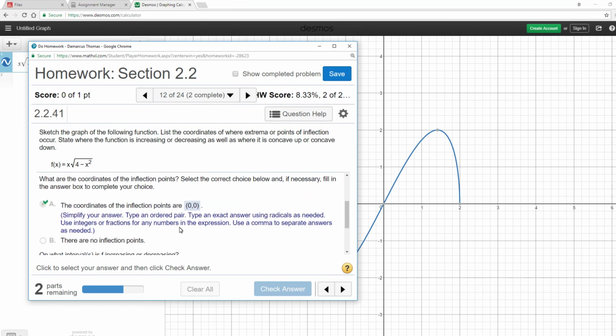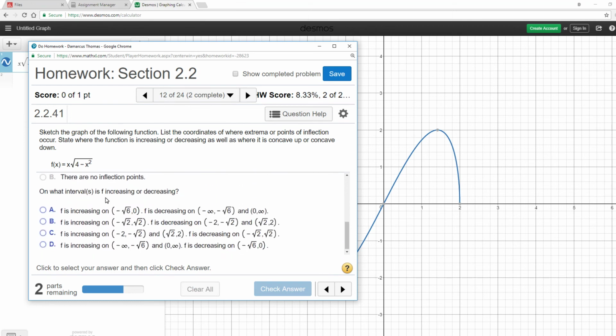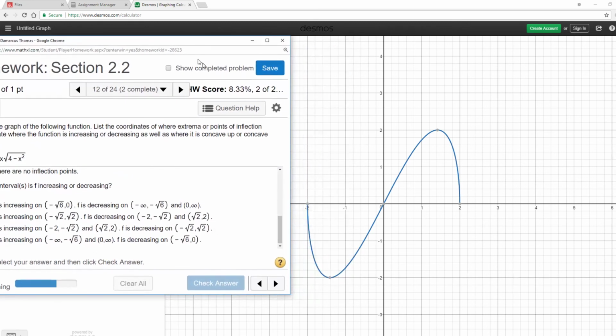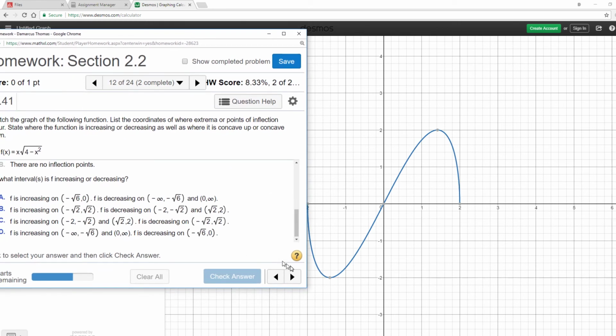And now the question is, on what intervals is f increasing or decreasing? Well, the function appears to be increasing. Well, there's a lot to say. Look, f is increasing when you're going from left to right. The values increase from left to right, like as it's going up a hill.